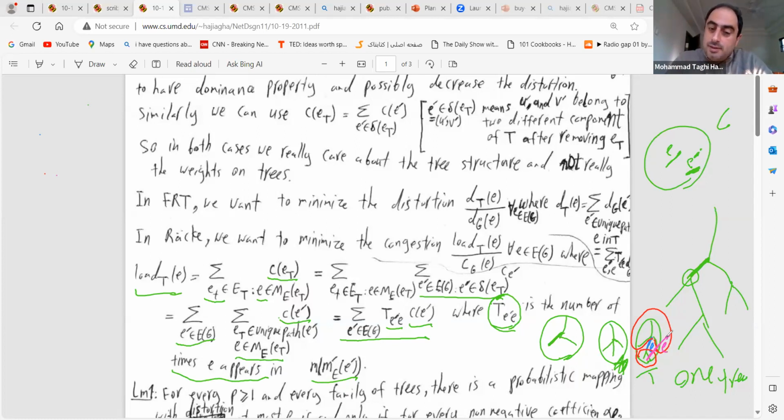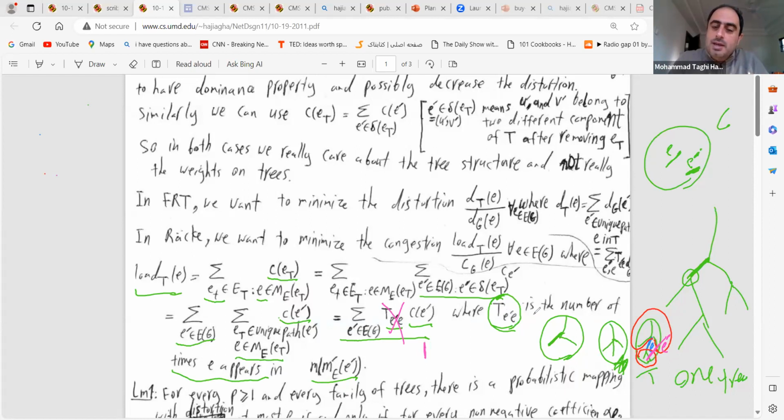So what does this formula say? It says that we sum over all these edges whose path goes through this edge, which essentially means the cut corresponding to this edge, summed up over all the capacity. And what is T E prime of E? It would be 1, because each of these edges goes through E only one time.